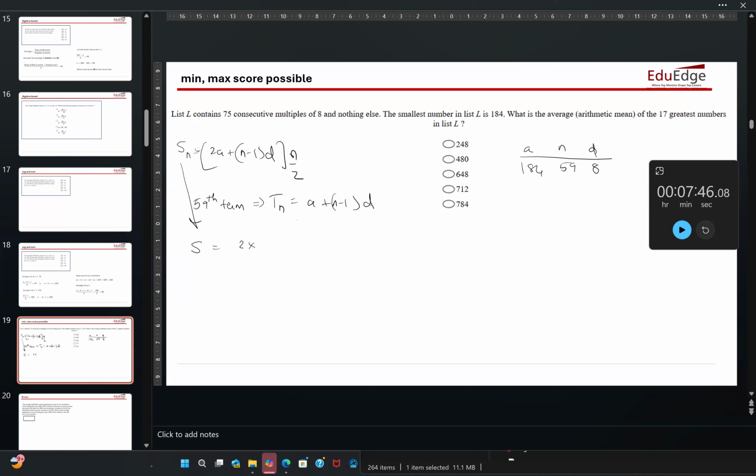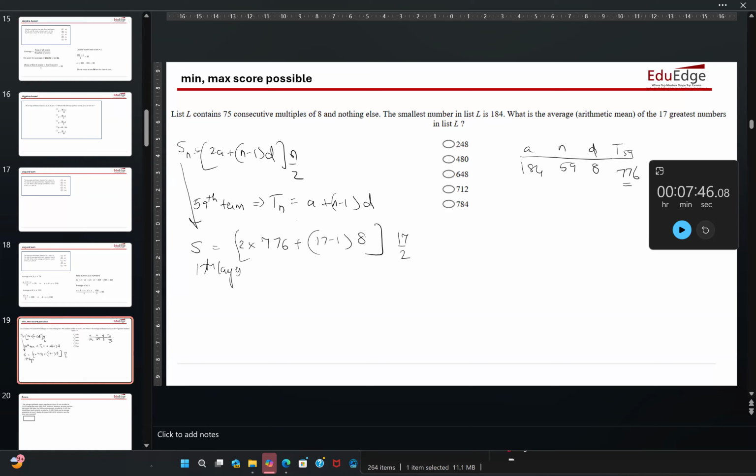So T59 comes to 776. So is that what you took for the sum of the 17 largest? 2 into 776 plus n minus 1, 17 minus 1, into 8, divided by 17 by 2. Correct?